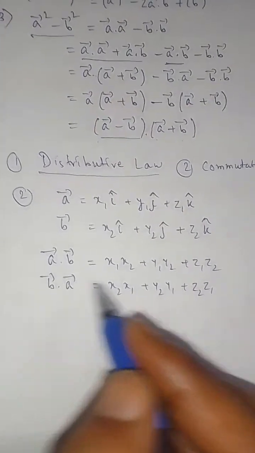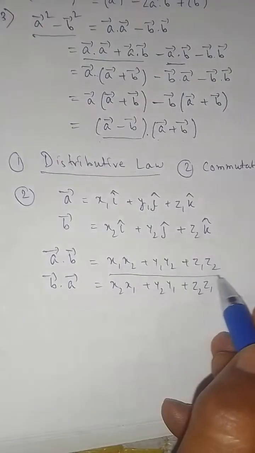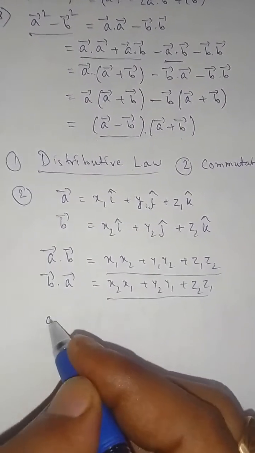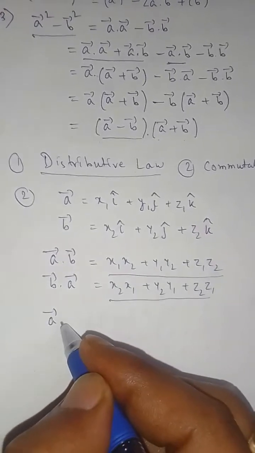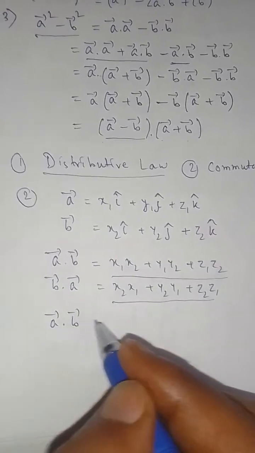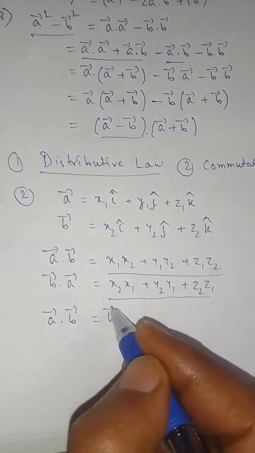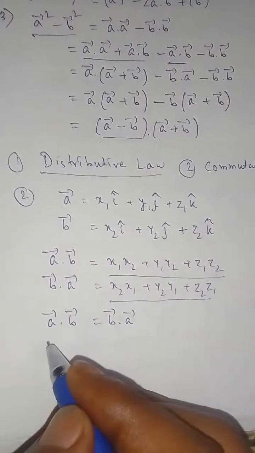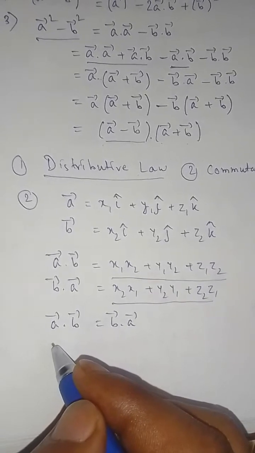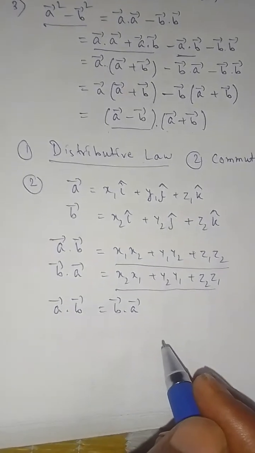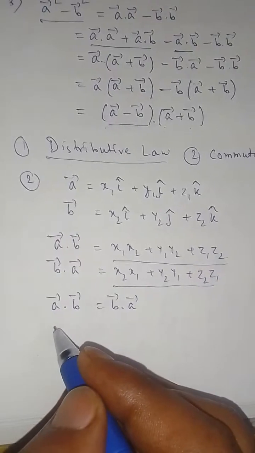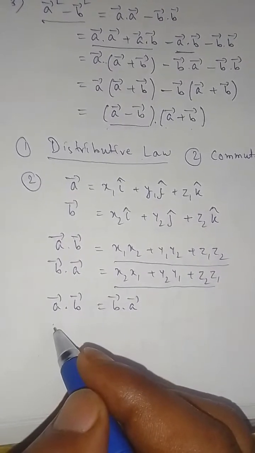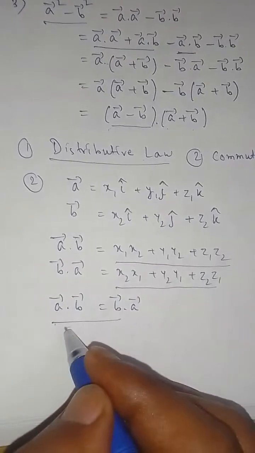You can look, both are same, so we will have a vector dot b vector equal to b vector dot a vector. So the dot product satisfies commutative law.